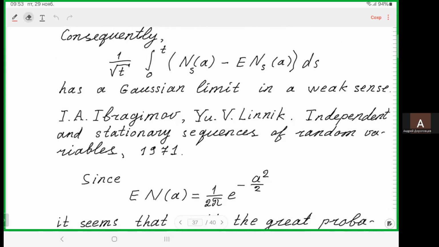So one can conclude that the number of bridges minus its expectation, which we already calculated, normed by 1 over the square root of t, tends to some Gaussian limit in distribution. Here, the central limit theorem for stationary random processes obtained by Ibragimov and Linnik was used.